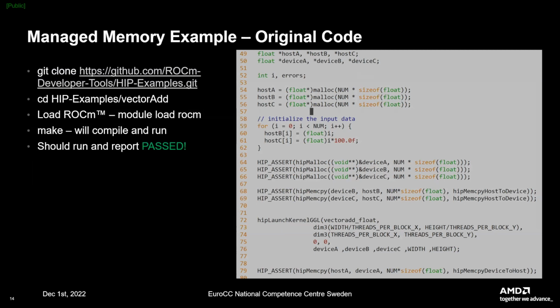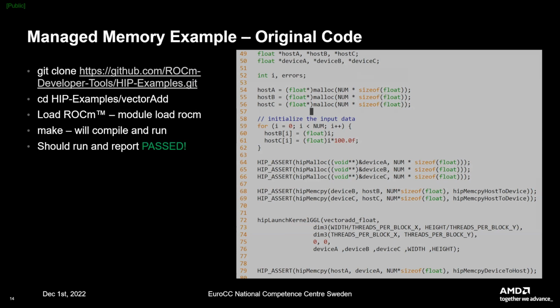So let's look at some sample code that we're going to play around with for trying to understand what's happening with the managed memory. This code is from the HIP examples. It's also in the AMD training exercises in the managed memory directory.